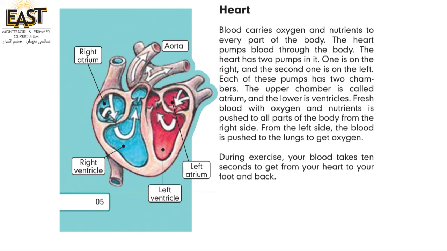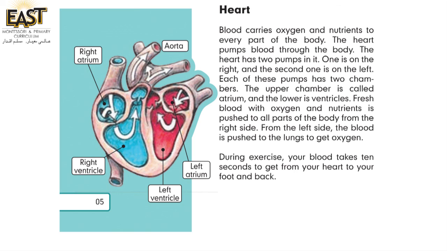You will read about the heart, 2 small passages about the heart. There are atriums and there are ventricles, and the aorta is our main big blood supply lane. So you will read about that.